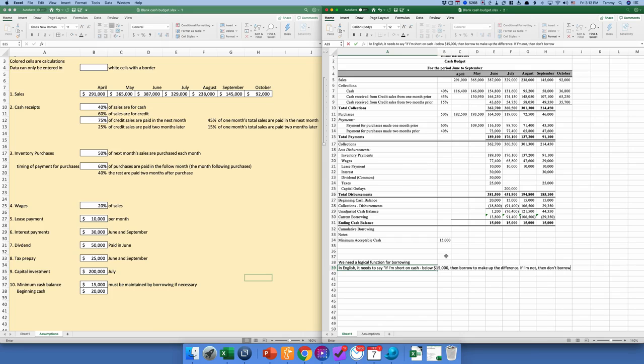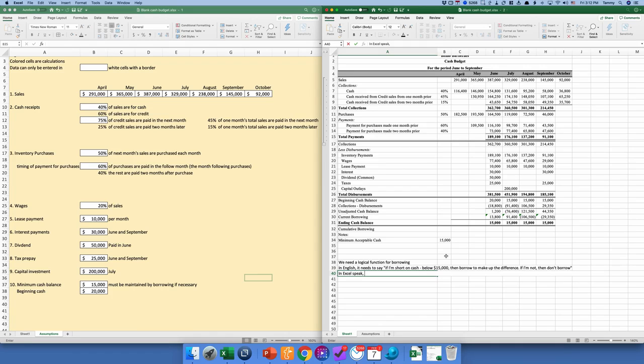Okay, so this is our English statement that we need to basically translate into Excel speak, right? So in Excel speak, it's a function.